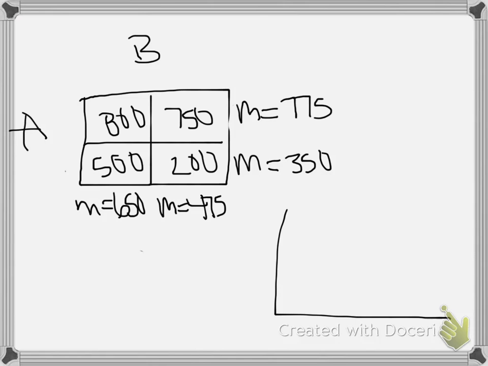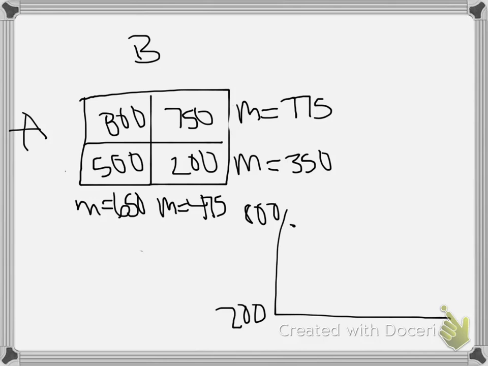And then basically I just kind of wrote 200 down here and then 800 at the top. Again, graphing your numbers, 775 would be somewhere up here, so you would draw a dot there.